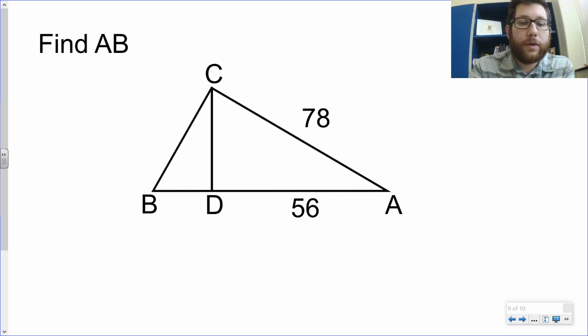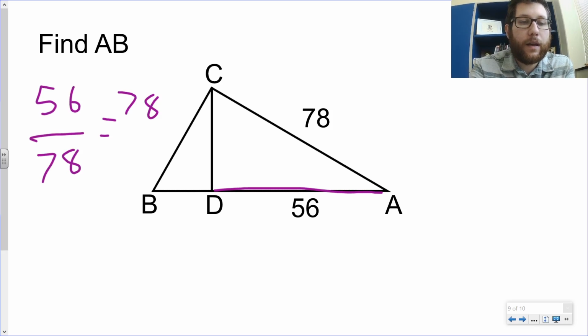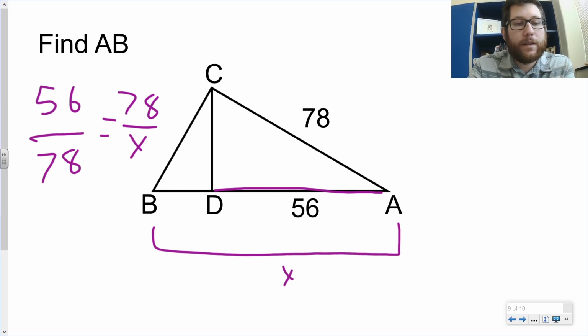Once again, medium side of my medium triangle, 56 over 78. Now that 78 is the medium side of my big triangle, so 78 over AB. I'm just going to call this AB distance x. So that equals x, and then I'm going to go ahead and solve this.